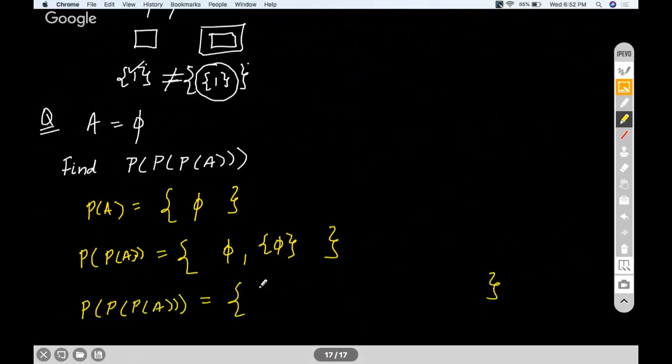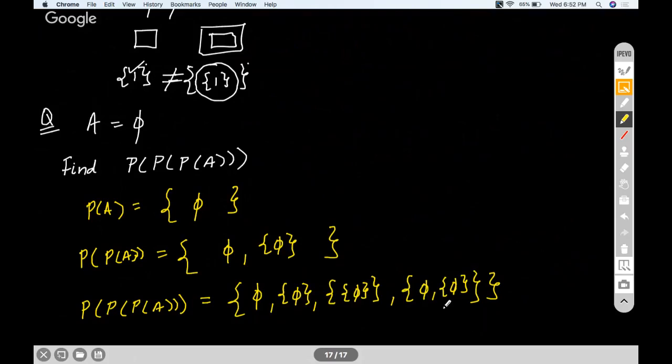So, it will be a set containing null set. A set containing null set. A set containing this. And a set containing these two elements. Is that fine?